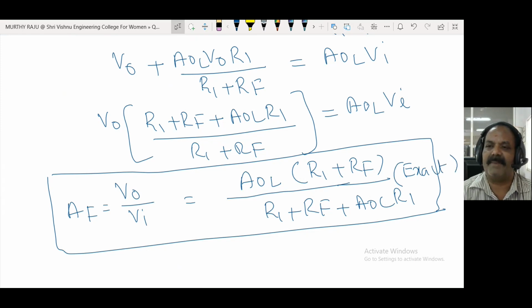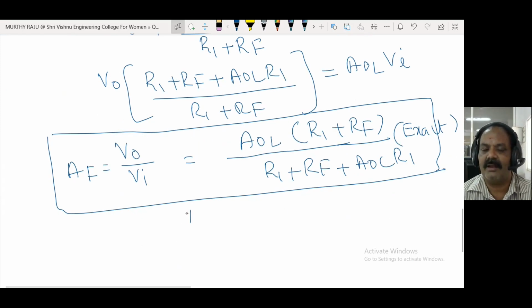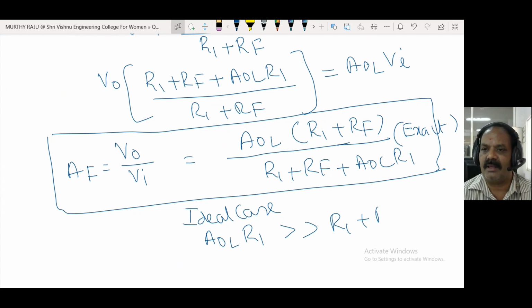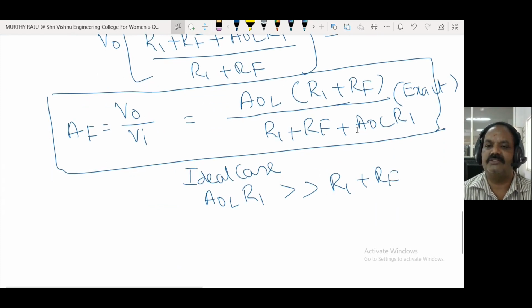Next one is a practical formula, the ideal case. AOL R1 is far greater than R1 plus RF, because generally for the 741 IC the AOL value is 2 into 10 power 5.